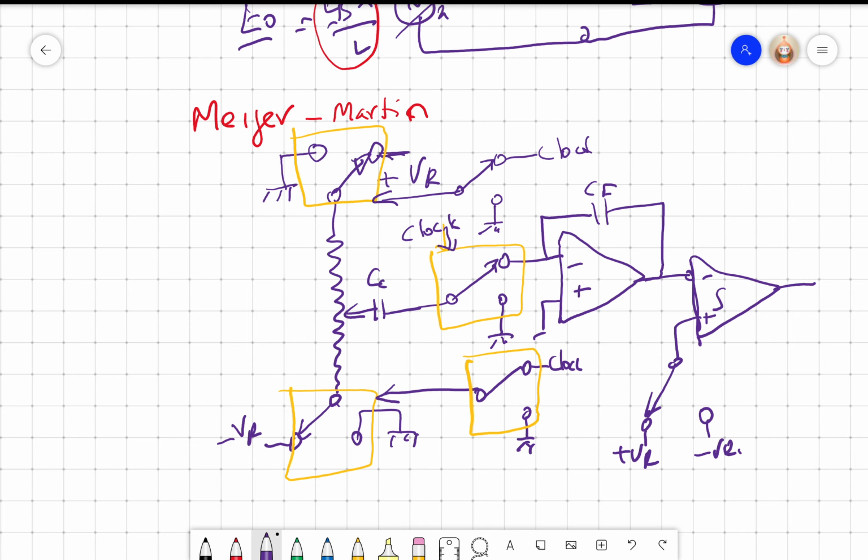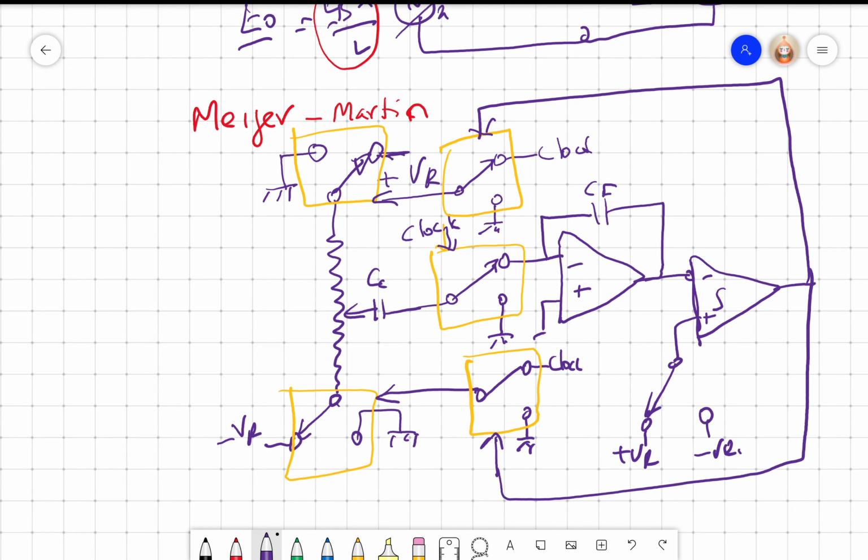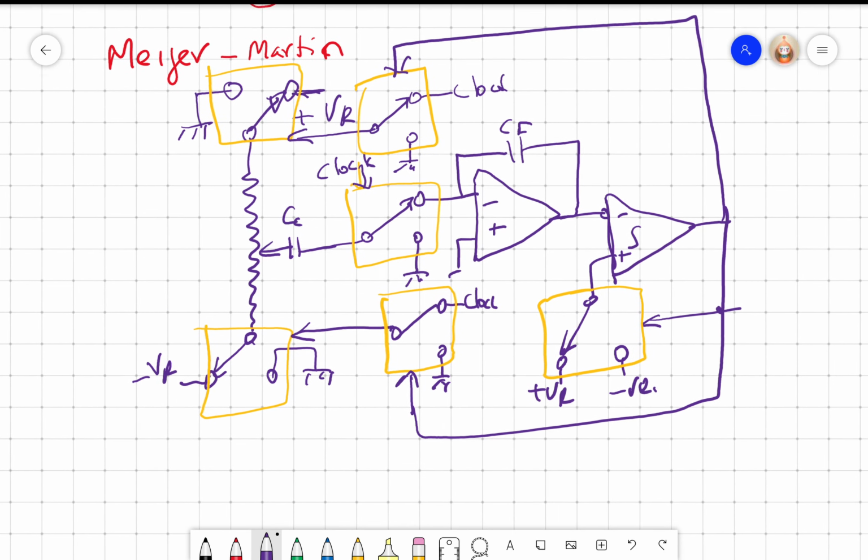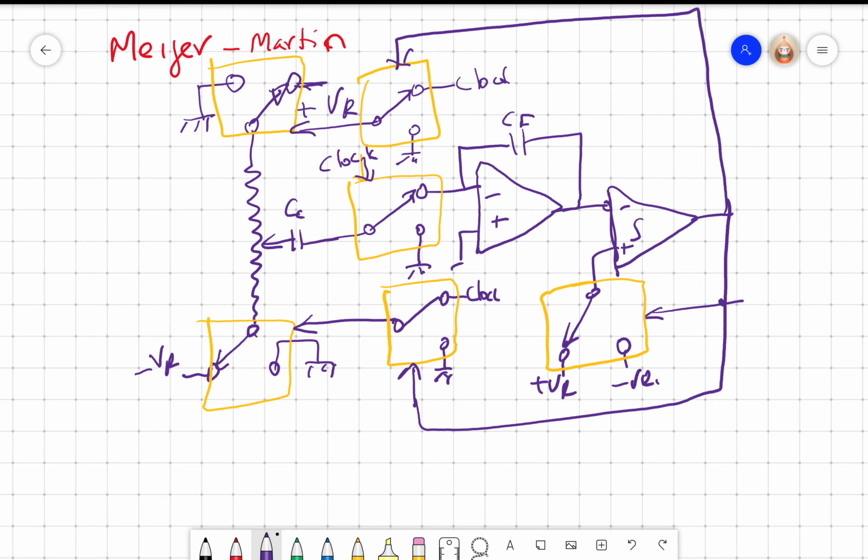The output of the comparator controls this switch as well as this switch as well as this switch. All three switches are connected.